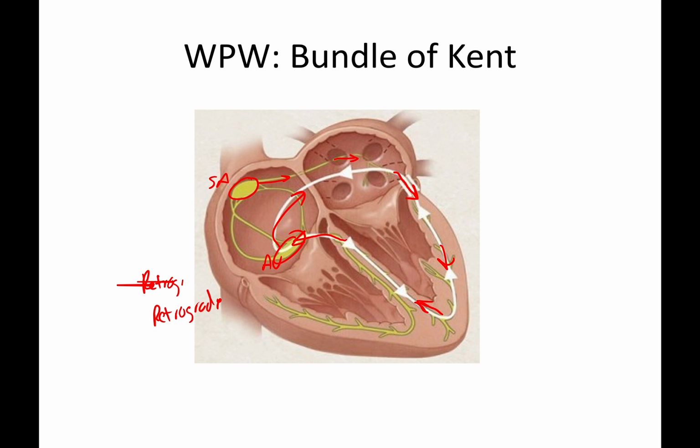And as you can imagine, that's pretty disorganized. In fact, because we're using that cell to cell conduction, these will wind up looking a lot like a PVC, or if it's going fast enough, VTach. So you have to watch out for that kind of thing too. Either way, we're going to be treating the symptoms, so if they're tachycardic, if they're syncopal, all those different things that we may need to do.